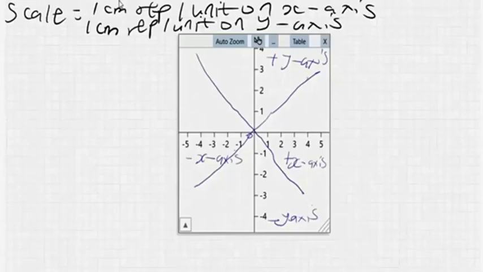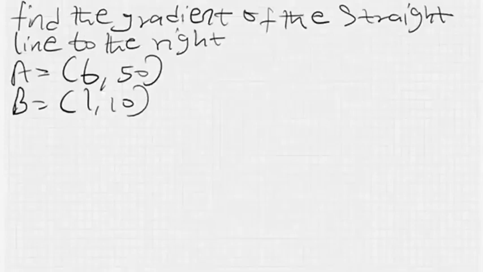Now let's look at the idea behind gradients of a graph. Let's wipe this. We want to look at how to find the gradient of a straight line graph, or is it that I call it gradient or slope?